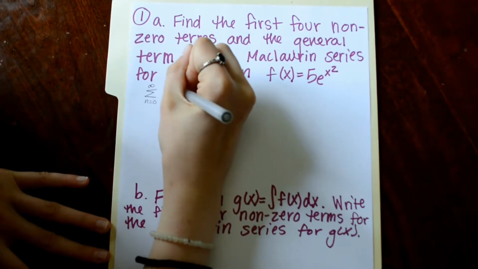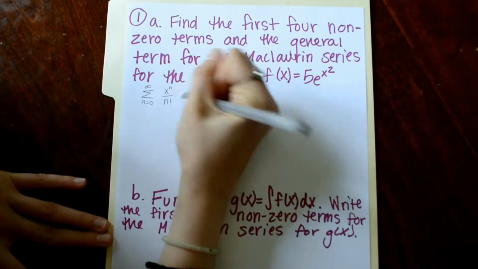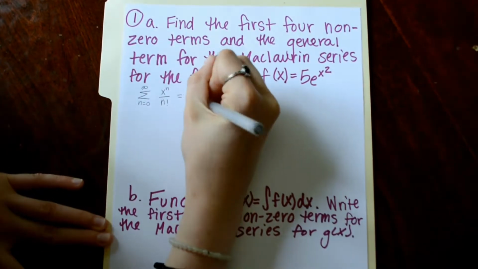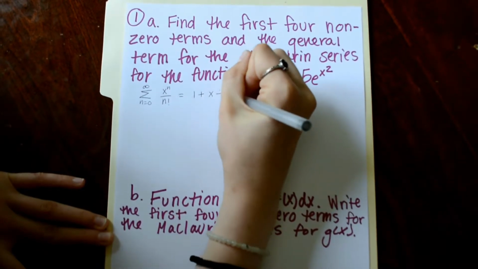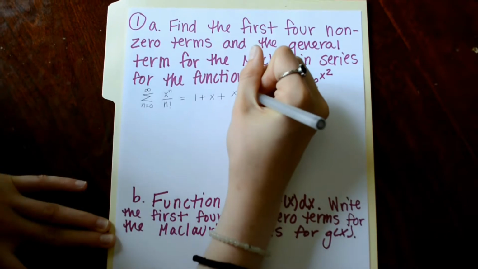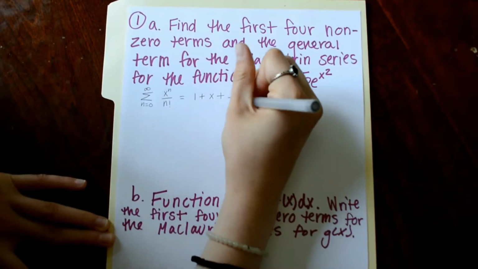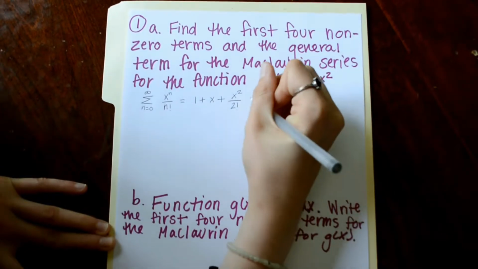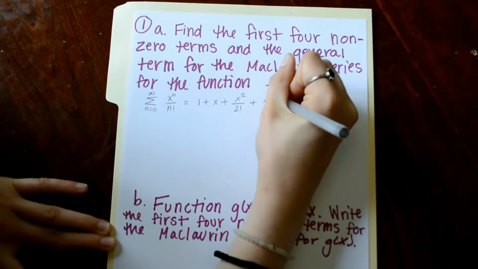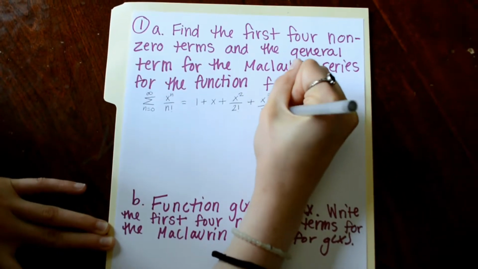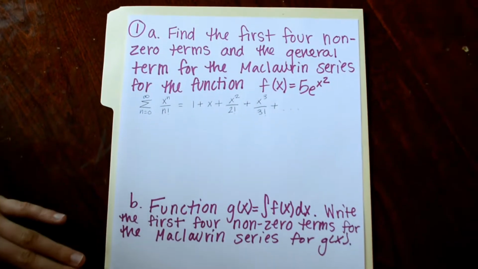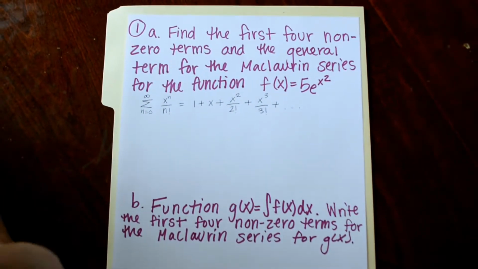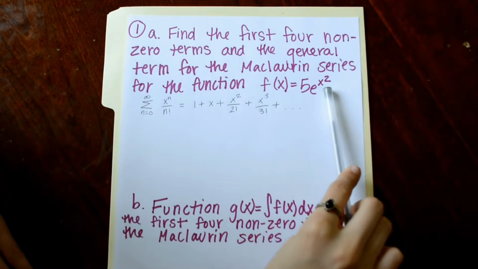I'm going to do that right now real fast. This is just for reference. It makes it easier when you're trying to figure out what the new terms are going to be in the new series that you are creating. And then it goes on. The next thing you want to do is manipulate your x.